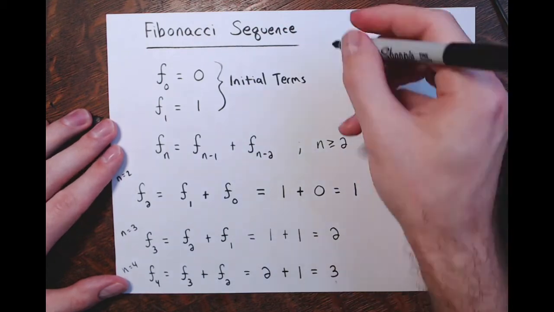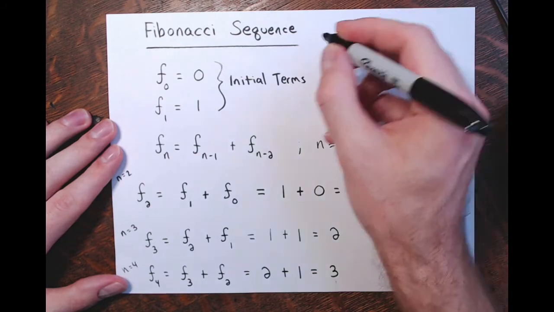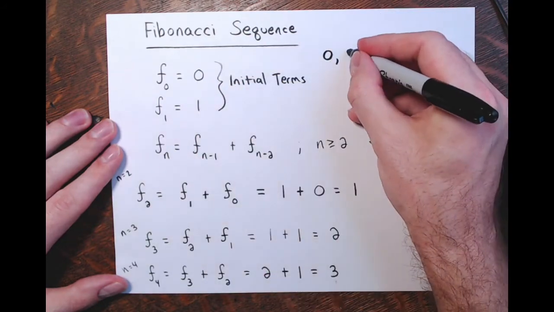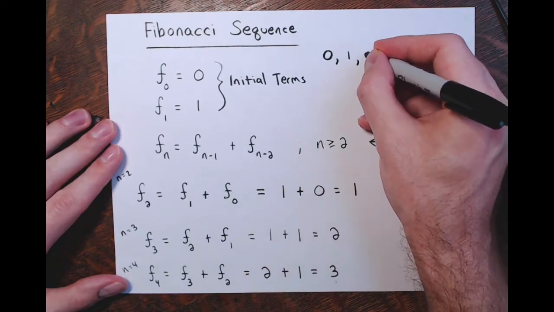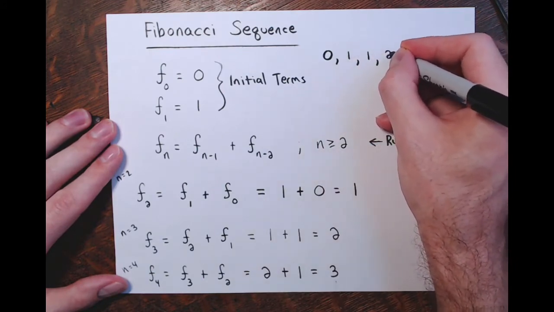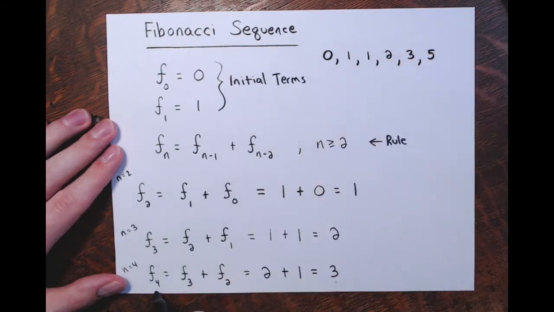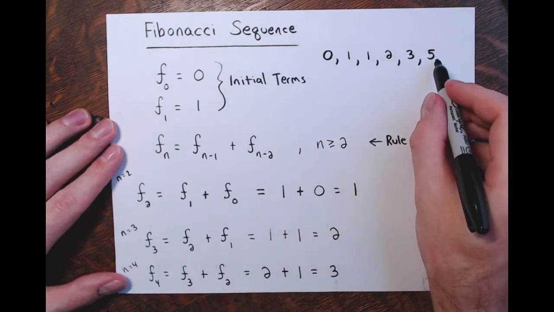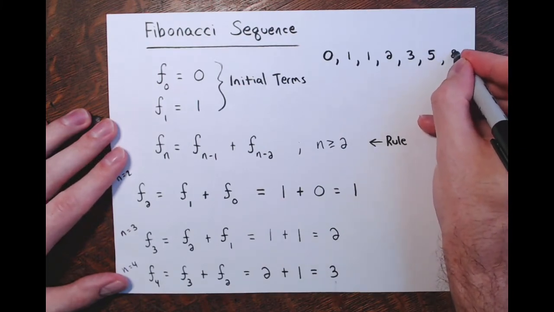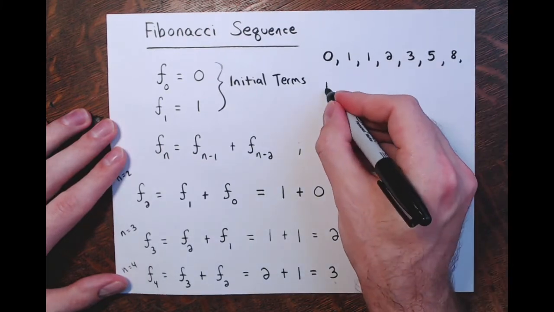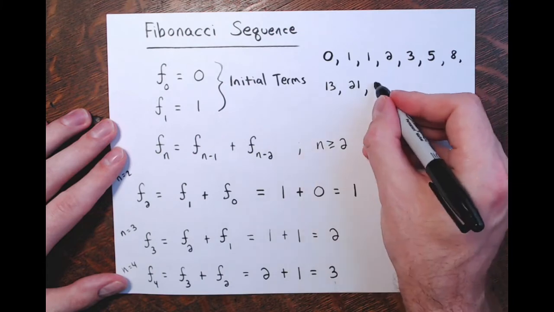All right. In fact, I'll start writing the terms of the sequence in a list up here. So we had 0 for the first term, then 1, and then 1 plus 0, 1 plus 1, 2 plus 1, 3 plus 2, right? So f5 would be 5, and then 5 plus 3, then 8 plus 5, then 13 plus 8, then 21 plus 13, and so on.